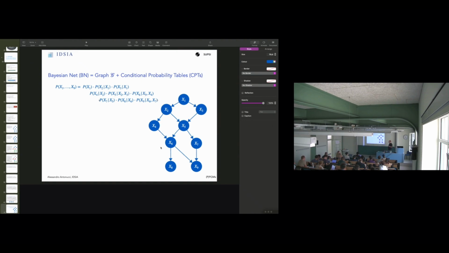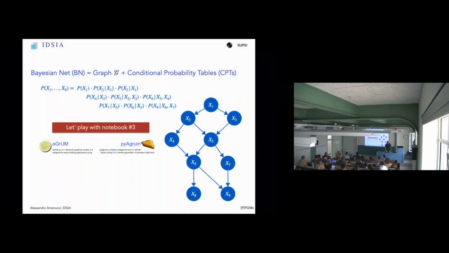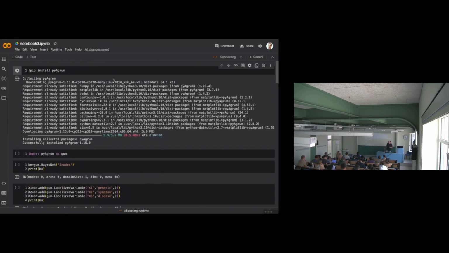Okay. So this is the Bayesian network idea in a super nutshell. Let me just show you a notebook. For this notebook, just to make my life a bit easier, I'm using a Bayesian network library in Python called PyAgrum, which in turn uses a C++ library for graphical models.